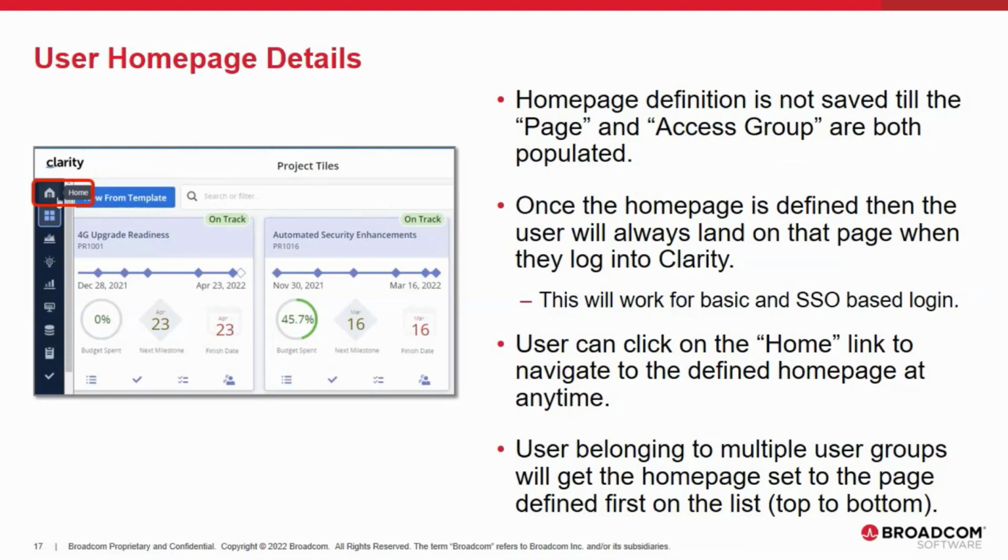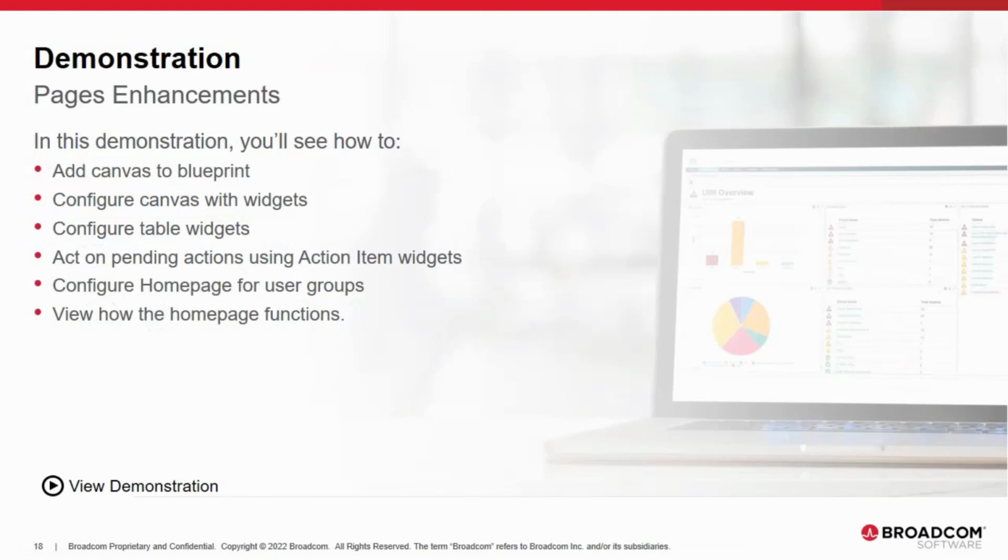After the configuration is completed successfully, the user will have to re-log in to Clarity for the changes to take effect, and the home page setting will allow the user to land directly into their configured page, as well as clicking on the home button will take the user to their configured home page at any point. Alright, with that, let's see the product in action.